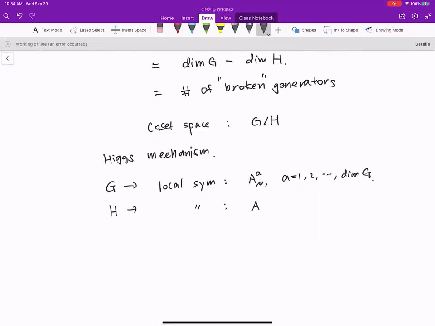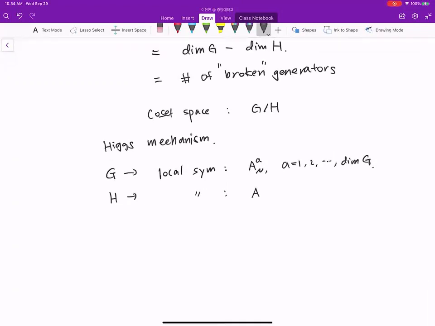I am labeling the indices for the gauge field differently.